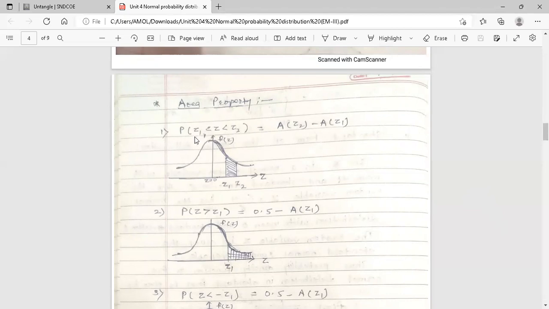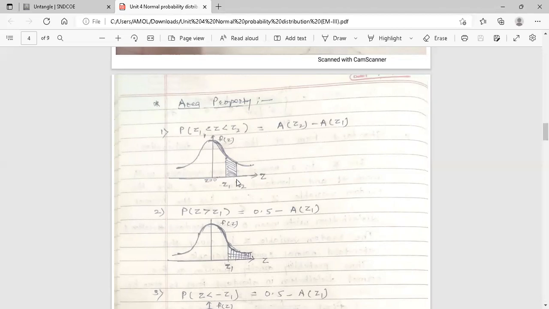Now see, what is the formula to calculate the probability between z1 and z2? If z1 and z2 both are positive, then the diagram will be like this. They will be on the RHS side, and the probability between z1 and z2 is nothing but the area between z1 and z2.